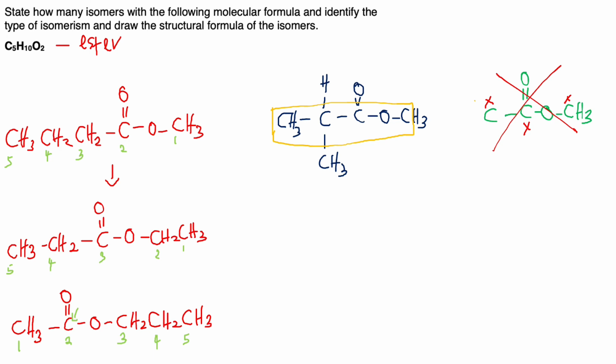So if you look at the third structure, its position is at carbon number 2 and number 3, which is almost, not almost, it is actually the same as structure number 2. Therefore, this doesn't exist. Okay, which means only these 2 exist.